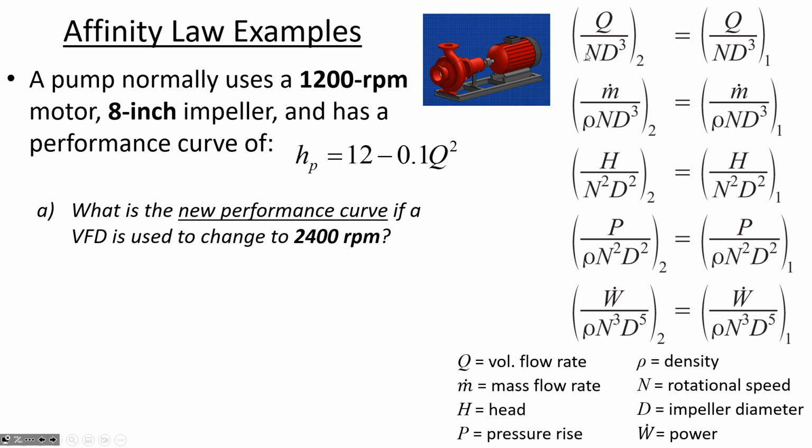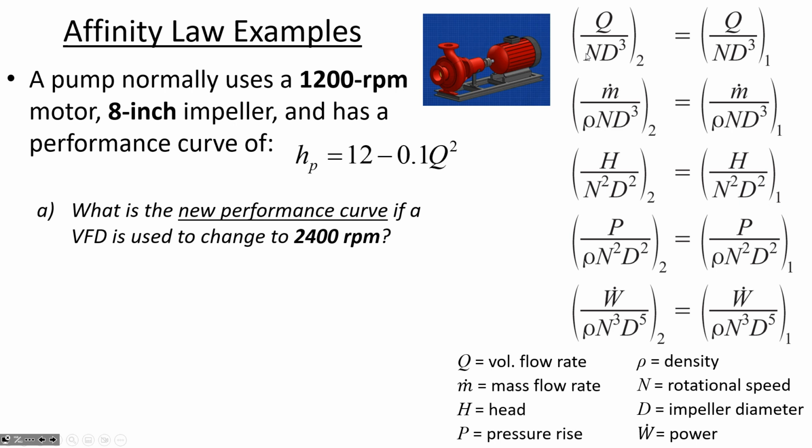Q2 divided by N2 times D2 cubed is equal to Q1 divided by N1 times D1 cubed. Okay, so that is a relationship that we've got. Now, since the diameters are the same, we can neglect that out of our relationship because D1 and D2 are the same.